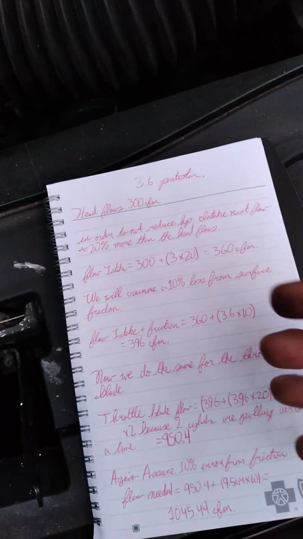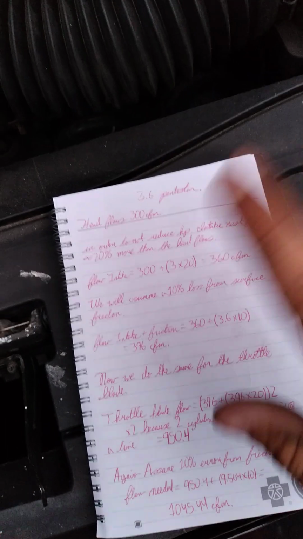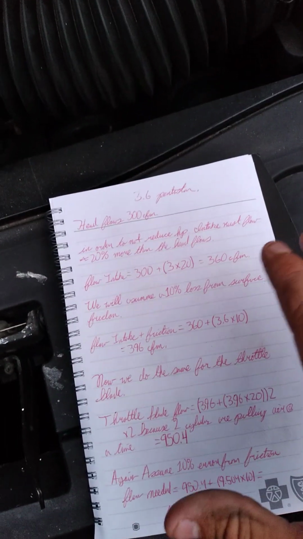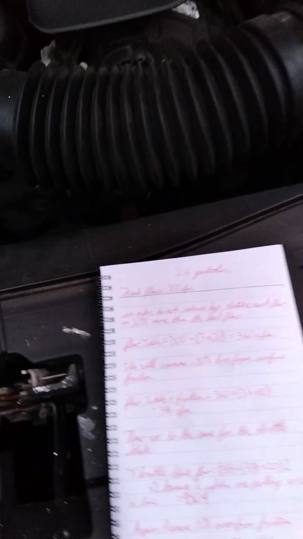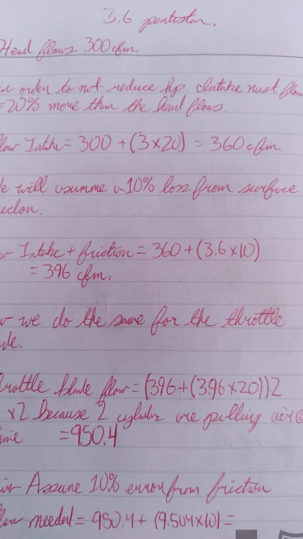And again, this is at 28 inches of water, but to make everything standard and comparable, since things have been standardized by how much a single square inch of area flows under that pressure, we can make it standardized. So 396 CFM is what we need for each runner.